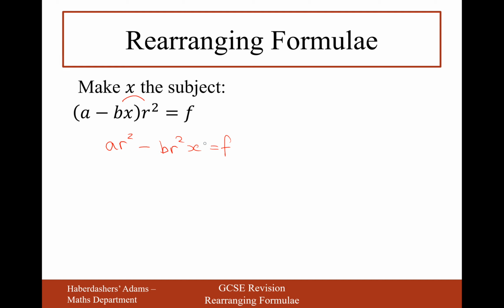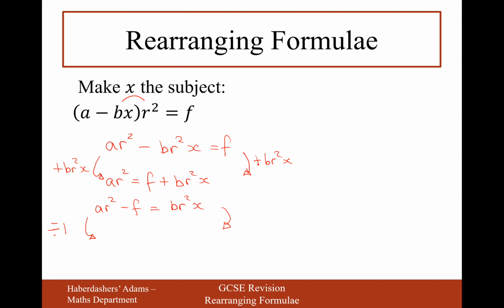Now the first thing I'll do here is I'll sort out the X term because it's in a bit of a negative situation here. So I'll add BR squared X to both sides. Add BR squared X. So I'm going to get AR squared equals F plus BR squared X. Then I'll take away the F here, so it'll be AR squared minus F equals BR squared X. And the last thing I'll do is I'll divide by whatever's being multiplied onto the X, and that is B and R squared.